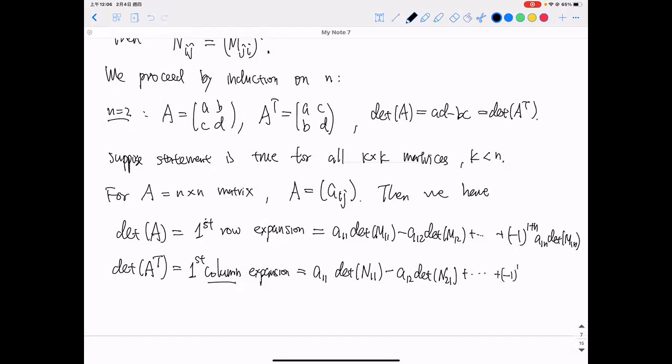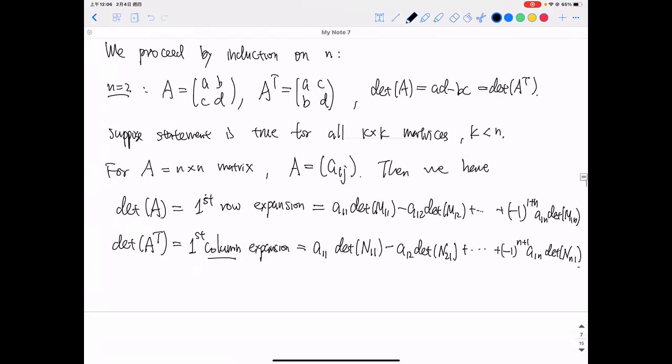Finally, we get to (-1)^(n+1) A1n times the determinant of Nn1.